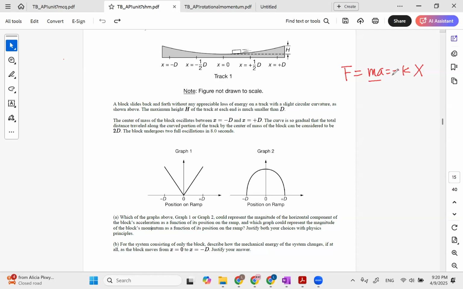And then spring force equals negative kx, right? That's how you get a equals negative k over m times x. But right now you are looking at the absolute value of it. So you'll get k over m times the absolute value of x, the magnitude of the horizontal component of the block's acceleration. Does it make sense?